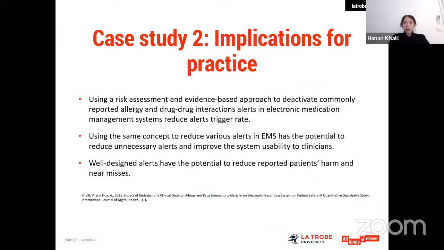So the implication for practice: using a risk assessment evidence-based approach to deactivate the commonly reported allergy and drug-drug interactions, reduce alert trigger rate, and using the same concept to reduce various alerts has the potential to reduce unnecessary alerts and improve the system usability to clinicians. And also this has the potential to reduce reports of harm and near misses.